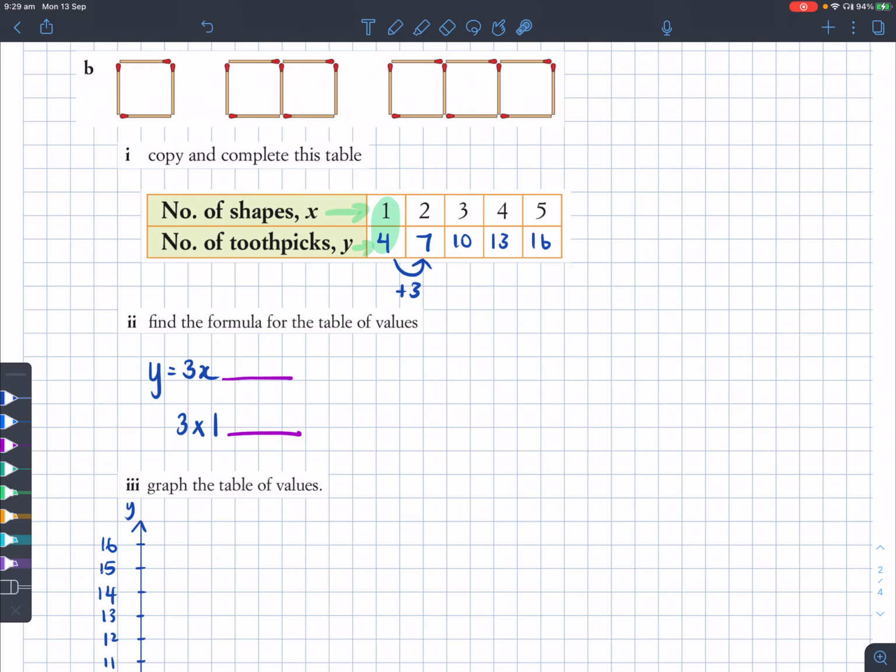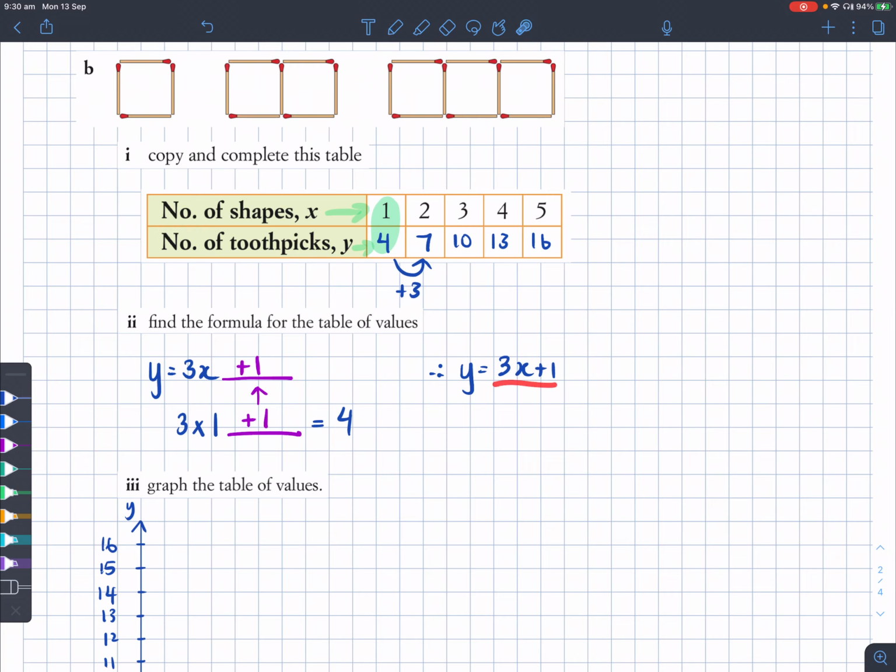That's supposed to equal y, which I'll write on this side, but the number that it's meant to equal is the number 4. So 3 times 1 is already 3. We've got to add another 1 to get you 4. So we'll put that positive 1 right there, so that therefore our formula is going to be y equals 3x plus 1.